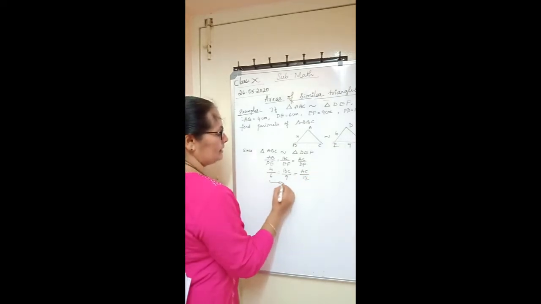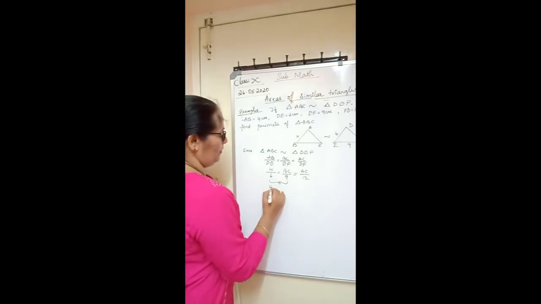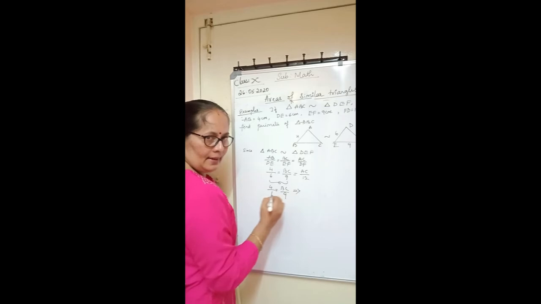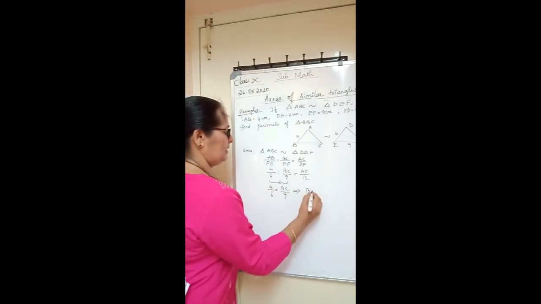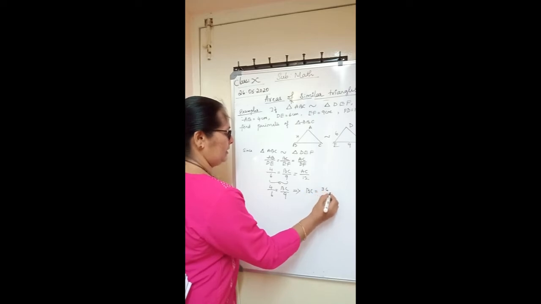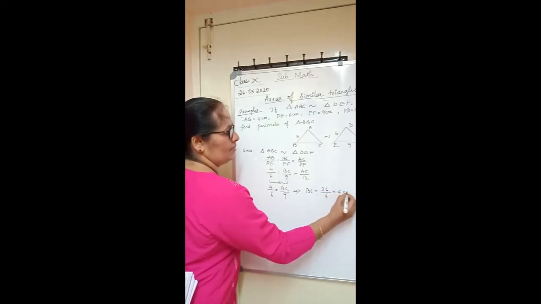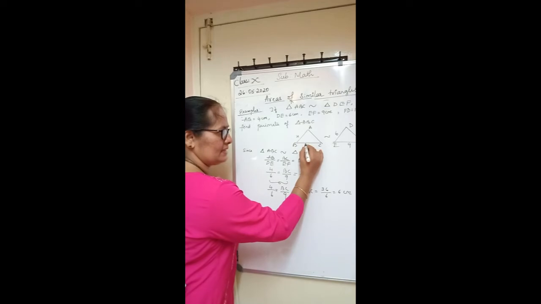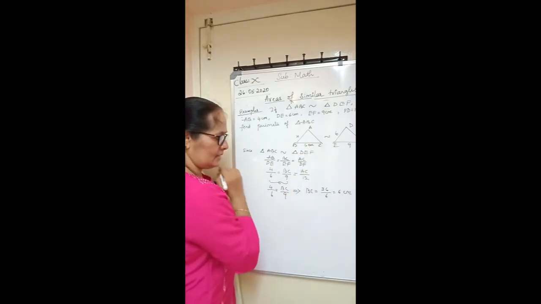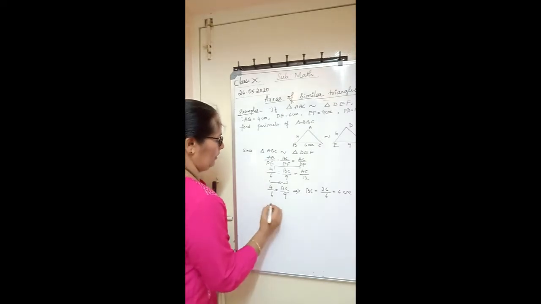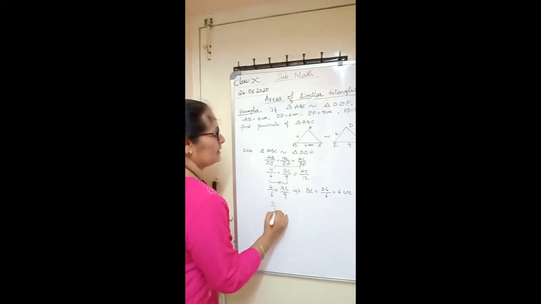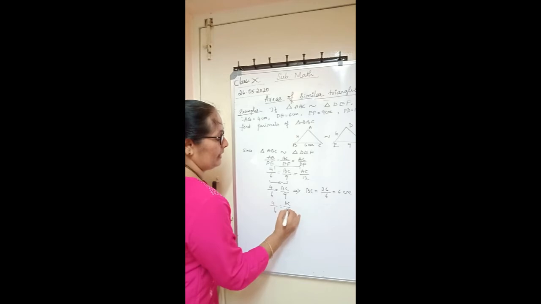Now take these two ratios. So 4 by 6 equals BC by 9. Implies, 9 4s are 36, so BC equals 36 by 6, which is 6 centimeter. So you got BC as 6 centimeter now. Similarly, take first and last ratio. So 4 by 6 equals AC by 12.